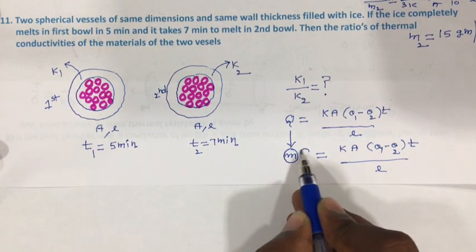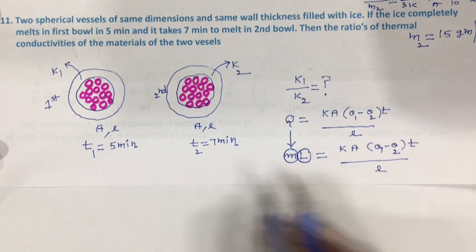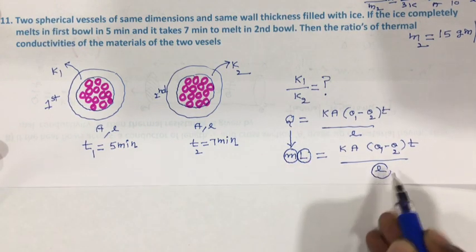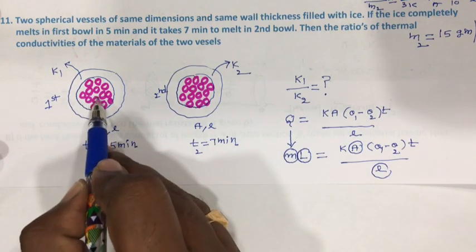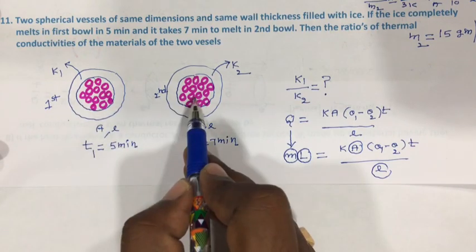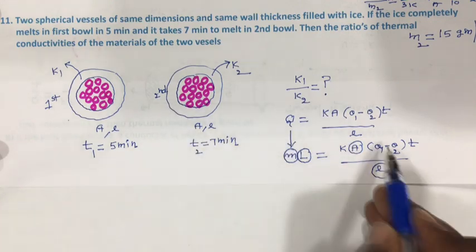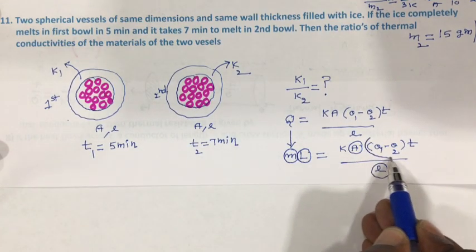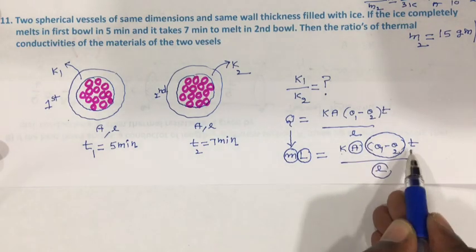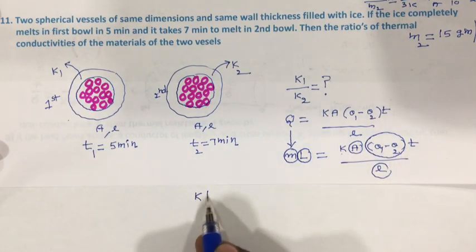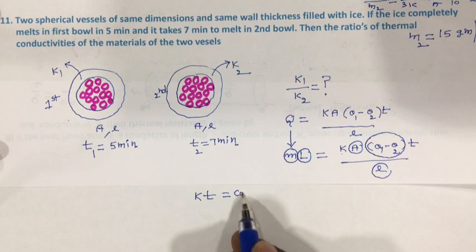In both of them I am taking ice, that's why latent heat L is the same, area of cross section is the same. Temperature: here the inside is ice, outside is surrounding. Here also inside is ice, outside is surrounding. So the temperature differences are also the same. All are constants. The remaining terms, KT, is equal to a constant.